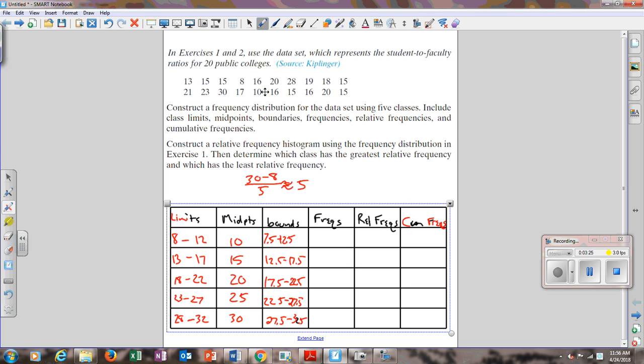Now we can go through and get all our frequencies. So all the numbers between 8 and 12, we have 8 and 10, only 2. Then from 13 to 17, there's 1, 2, 3, 4, 5, 6, 7, 8, 9, 10.